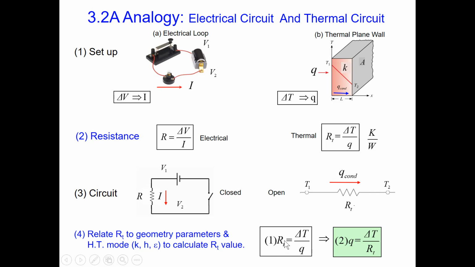We can switch these two variables to yield the definition for the heat rate, which is delta T over RT. Then we compare our heat equation with the definition of heat rate to come up with the calculation equation for RT, the thermal resistance.